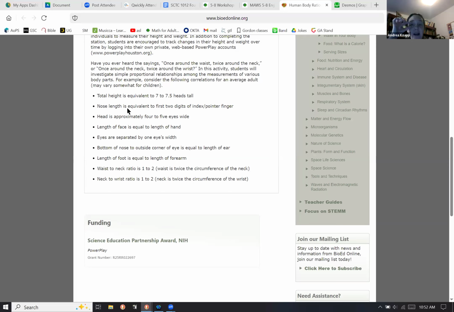So if you look at my eye, the width of my head is 4 to 5 eyes wide. So again, something to keep in mind if you're drawing the head. The length of a face is equal to the length of a hand. Eyes are separated by 1 eye's width.